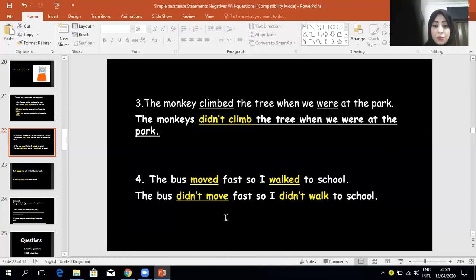When the bus didn't move fast, so I didn't walk to school. So moved becomes didn't move. Walked becomes didn't walk. The bus didn't move fast, so I didn't walk to school. So the structure of negative statements is subject, did not, then the base form of the verb.